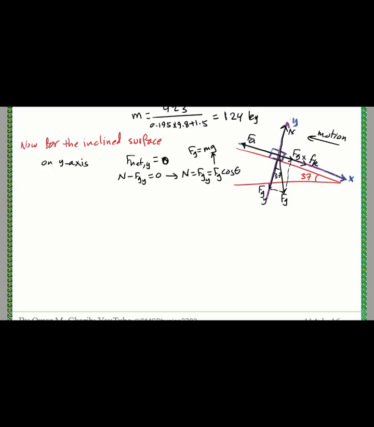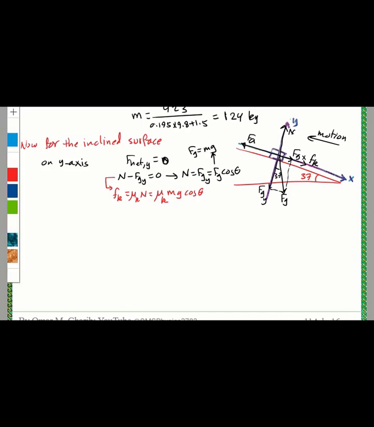Now the friction force is mu k times N, the same as before: mu k m g cosine theta. Here we can put the numbers and get Fk as a number, but I will continue with the symbols. After that, I will find the value.